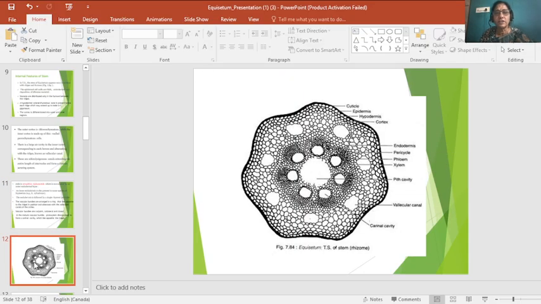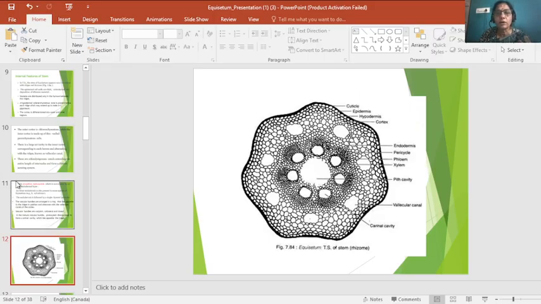So this is the TS of the Equisetum stem, where you see the wavy section outline with ridges and furrows, and the epidermis is single layered, with the cuticle on the outside. Beneath the epidermis is the cortex, which has two regions, the outer cortex and the inner cortex.